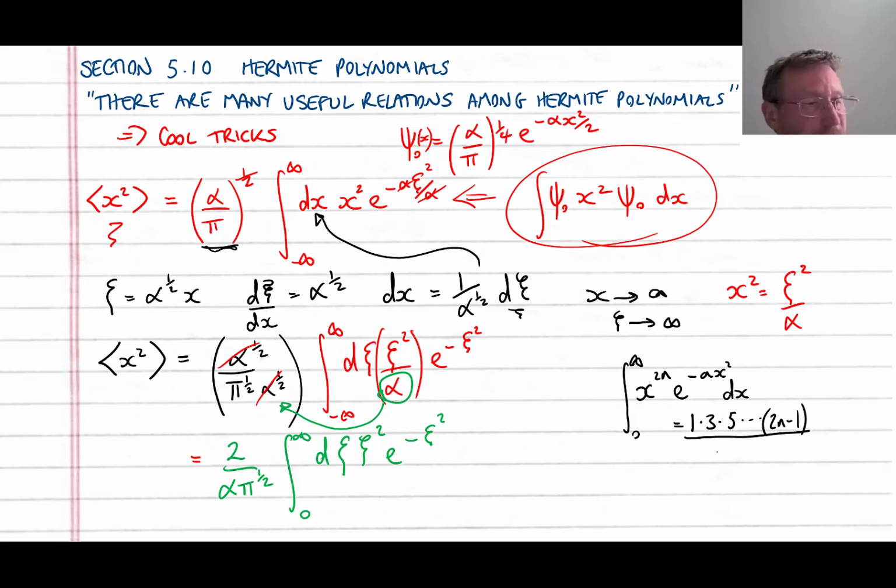In the denominator, we've got a 2 raised to the n plus 1 multiplied by a raised to the n. And the last piece of this is a pi over a to the half.